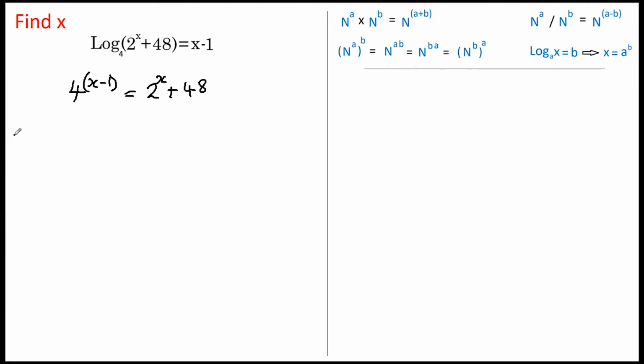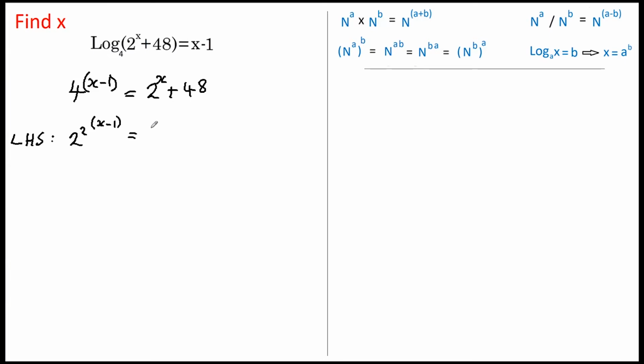If we just consider the left-hand side for the moment, we're going to rewrite 4 as 2 squared, and that's all going to be raised to the power of x minus 1. Using this rule here, we can bring the power down and multiply it by the a.